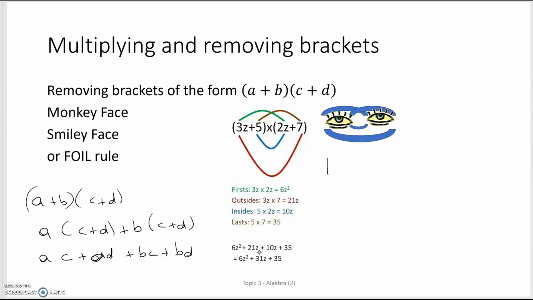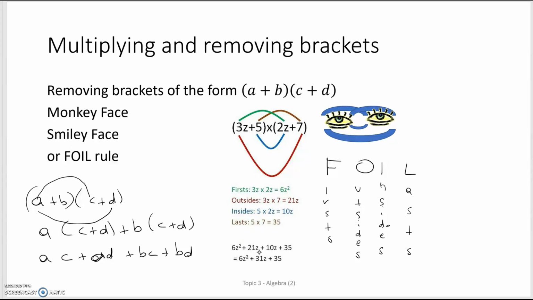Or you can remember it as the FOIL rule, where you multiply the firsts together, the outsides together, the insides together, and the lasts together, and that gives us the smiley face.